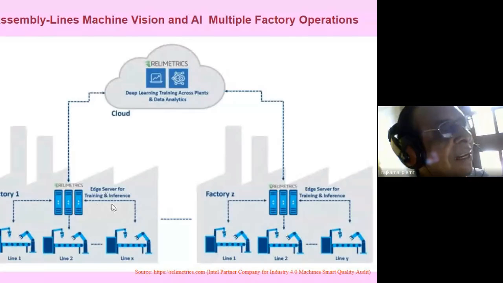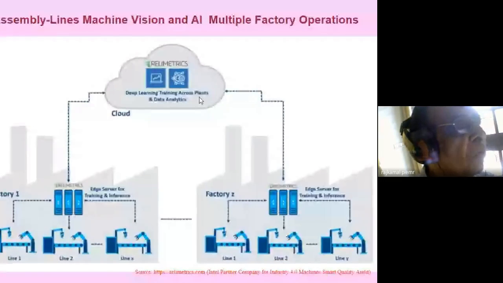And for this you are using AI. The concept is using deep learning, with training across the plants, and this type of system has really been used. The Relimetris company is a partner company with Intel. The system has been developed and designed in cooperation with Intel, using the Intel processor in between.